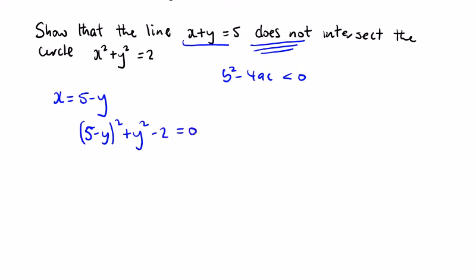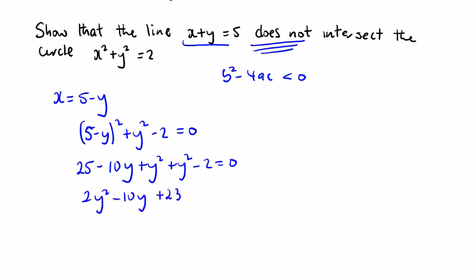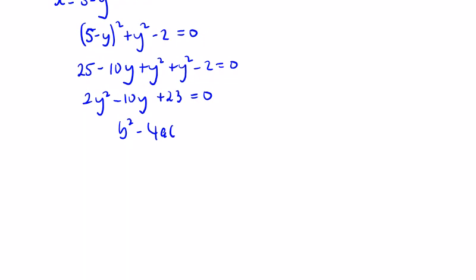We need to form a quadratic. 25 minus 5y twice plus y squared minus 2 is equal to 0. So I'm going to have 2y squared minus 10y plus 23 equals 0. So b squared minus 4ac, we just need to show that we don't need to try and factorize it or use the quadratic formula. Is b squared minus 4ac less than 0?